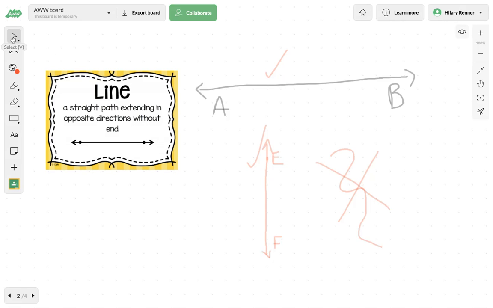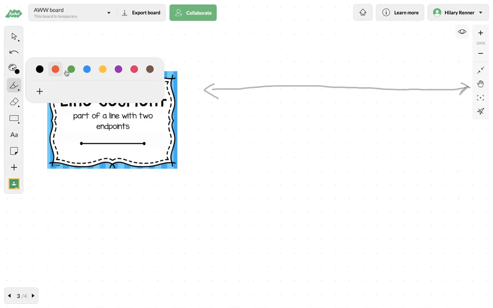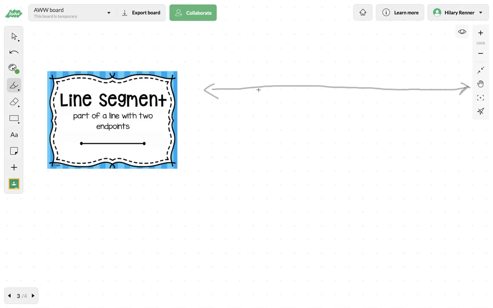All right, the next geometric figure we have is a line segment. Now this is similar to a line, but it has endpoints, and so it's just a part of a line. So I will draw a line, and then we will mark a line segment. So here is my line. Sorry, cut off the page there. There's my line, and I want to make the segment AB.